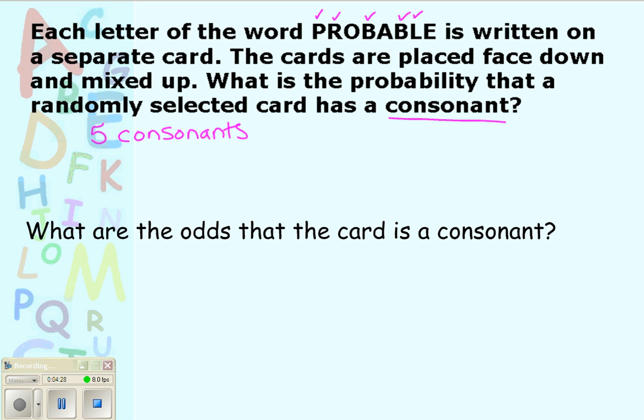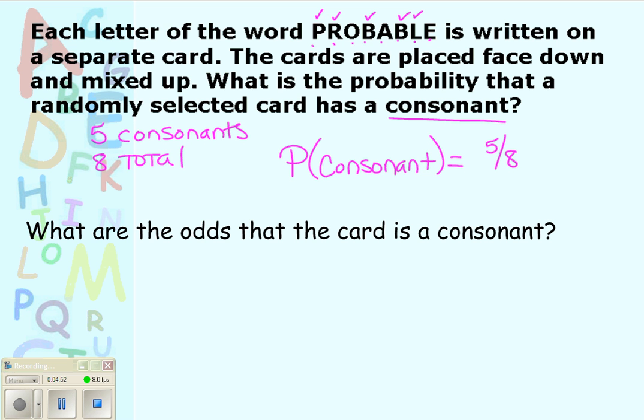And there are a total of 1, 2, 3, 4, 5, 6, 7, 8 letters. So my probability of a consonant is equal to 5/8. If you wanted to convert it to decimal, you certainly could.